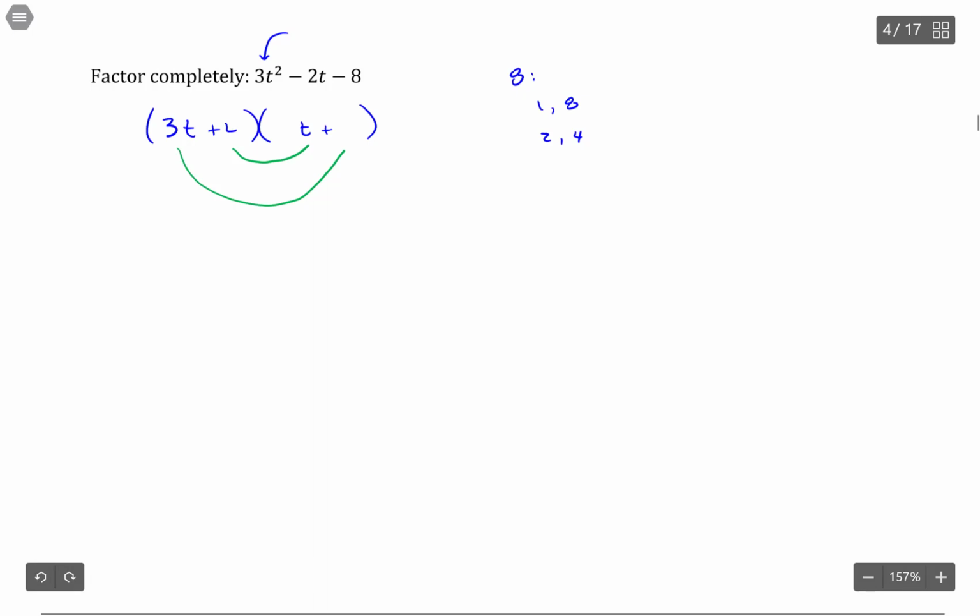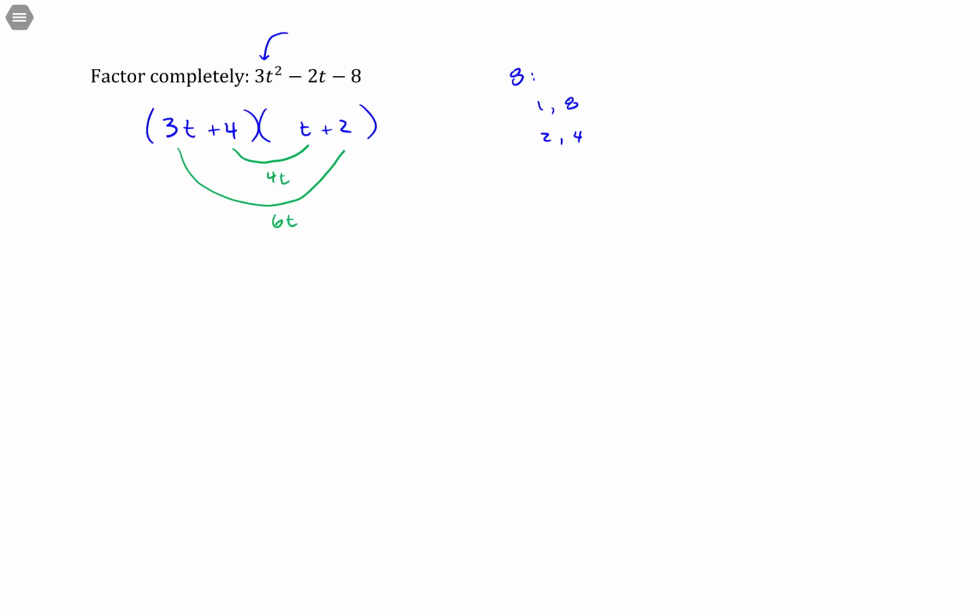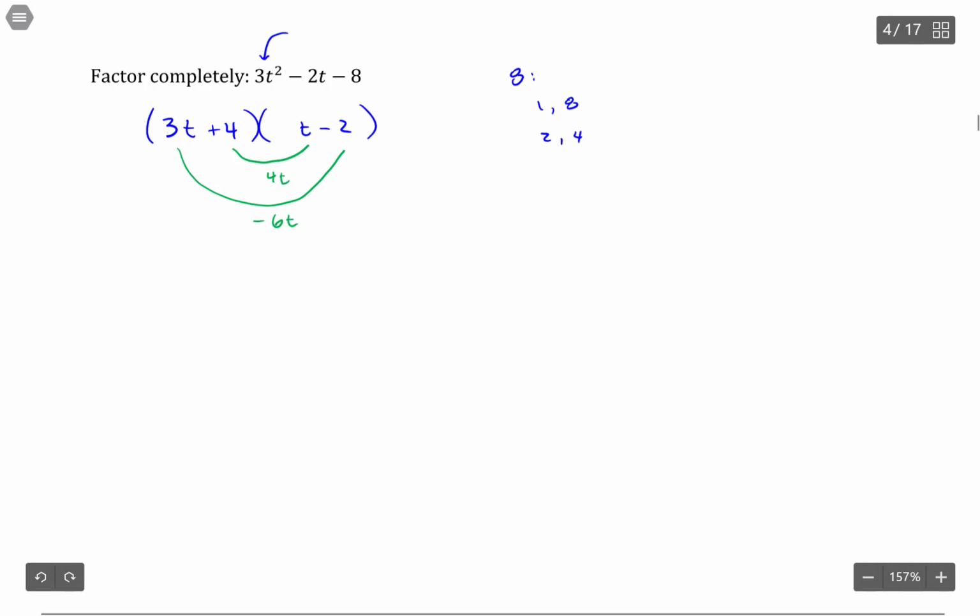Let's switch and put a 4 here and a 2 there. So 4 times t would be 4t. 2 times 3t would be 6t. Well, now we're on to something, because I could get 4t and 6t to add up to -2t, provided that the 6 is negative. So 4t minus 6t would be -2t, but to get that to happen, I would need this to be a negative.